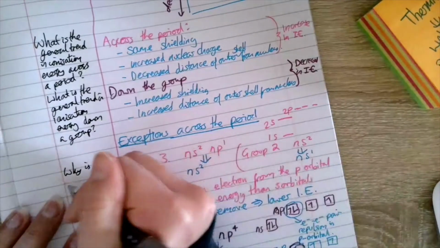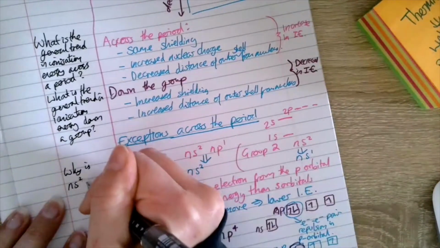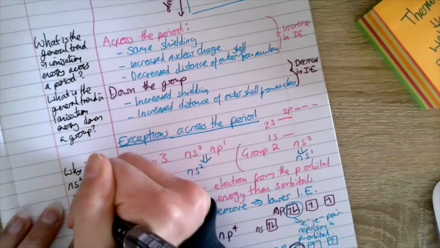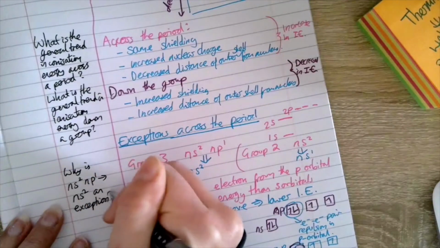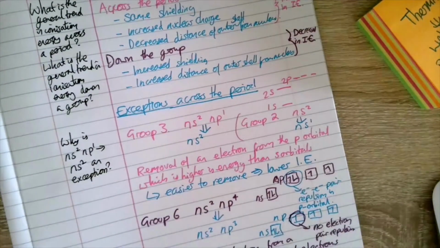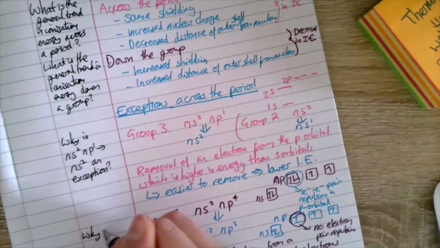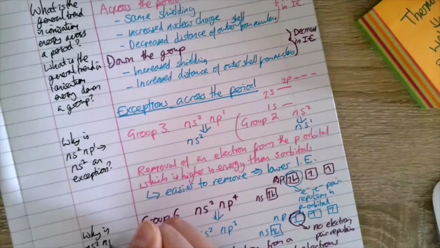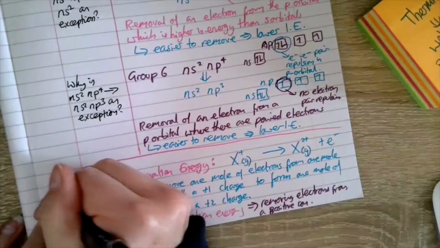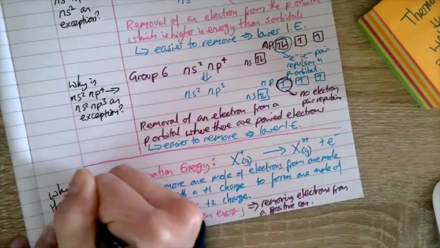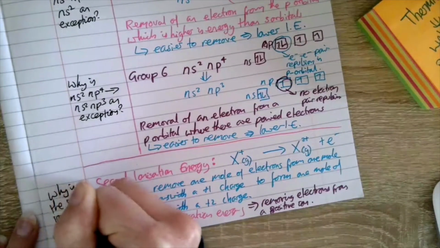Why is ns2 np1 to ns2 an exception? ns2 np4 to ns2 np3, an exception. And then of course we also looked at why is the second ionization energy greater?